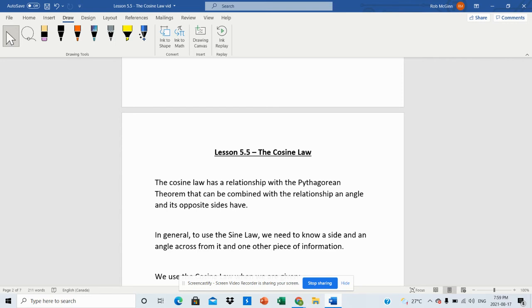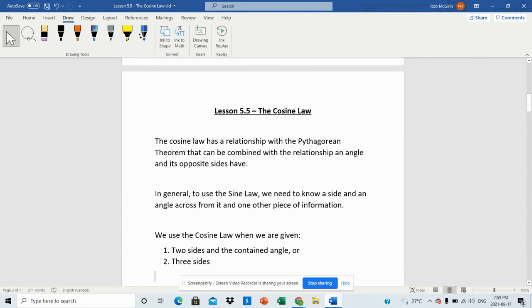However, there's cases where we do not know an angle and its opposite side. And in those cases, we can't use the sine law. So we'll use the cosine law. Specifically, we use the cosine law when we're given two sides and the contained angle, or all three sides of a triangle.